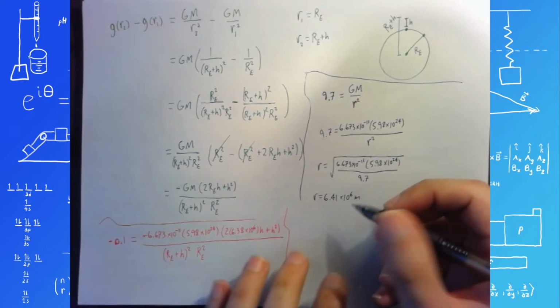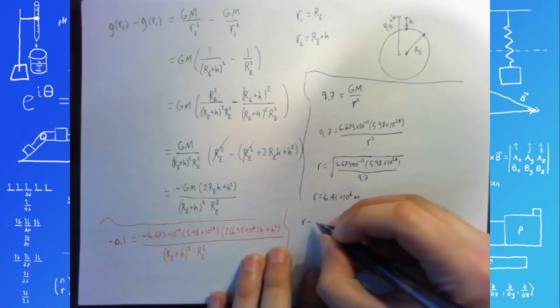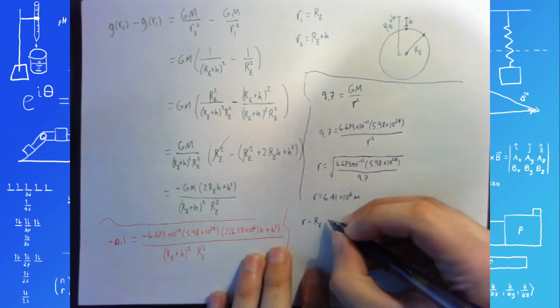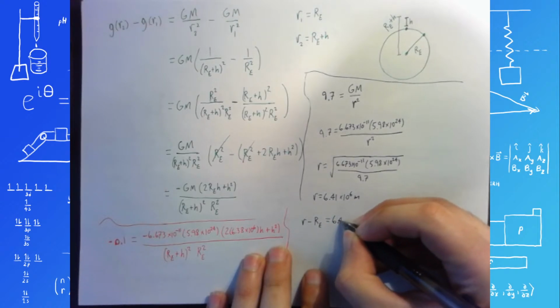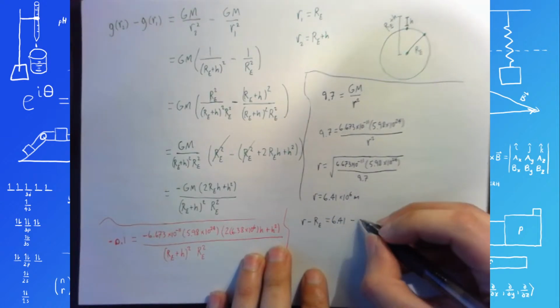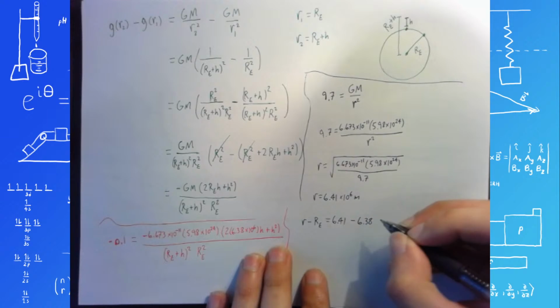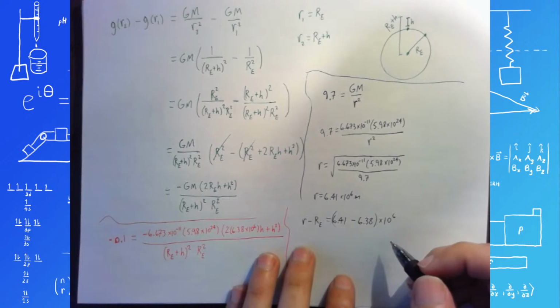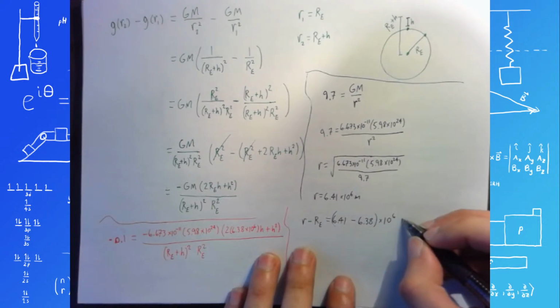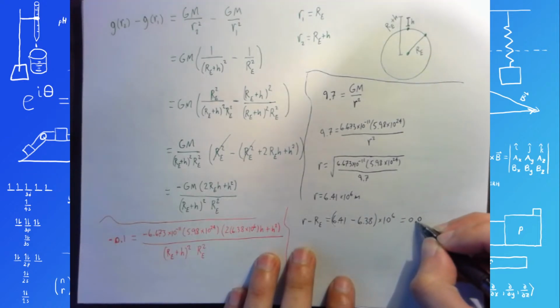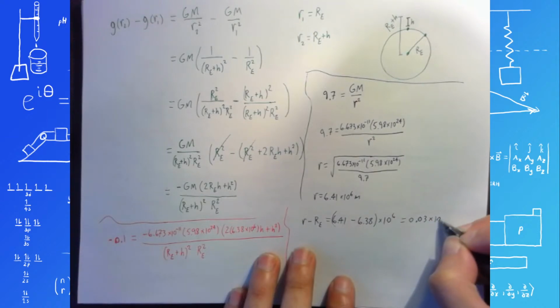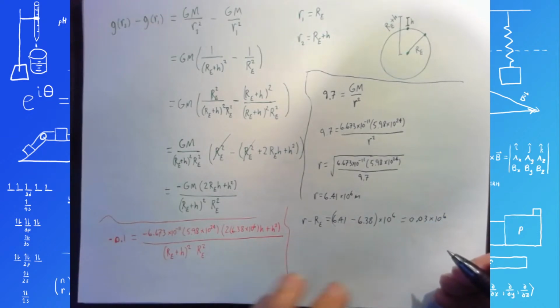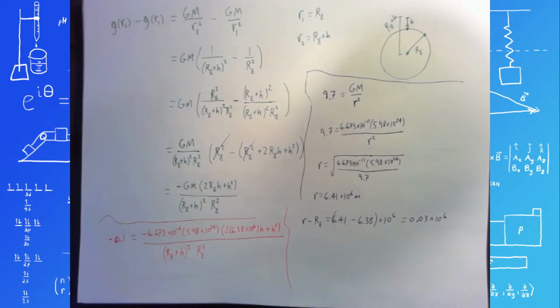Anyway, if I take this r minus the radius of the Earth, that's 6.41 times 10 to the 6 minus 6.38 times 10 to the 6. 6.41 minus 6.38 is 0.03, so that's 0.03 times 10 to the 6, which is what, 30,000?